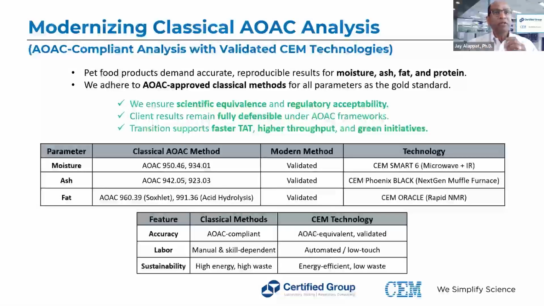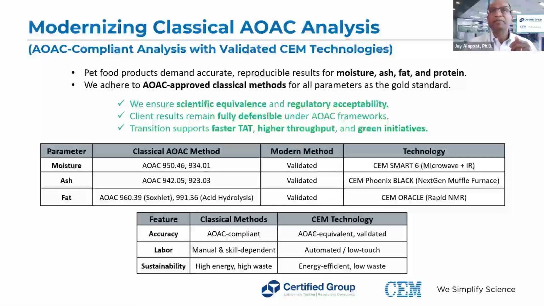So what is important in these systems? These are validated against accepted reference methods. You can see that Smart 6 against AOAC 950.46, CEM Phoenix against AOAC 942.05, CEM Oracle AOAC 960, AOAC 991. In addition to that, you have other added advantages for accuracy, precision, throughput, labor, sustainability, etc.